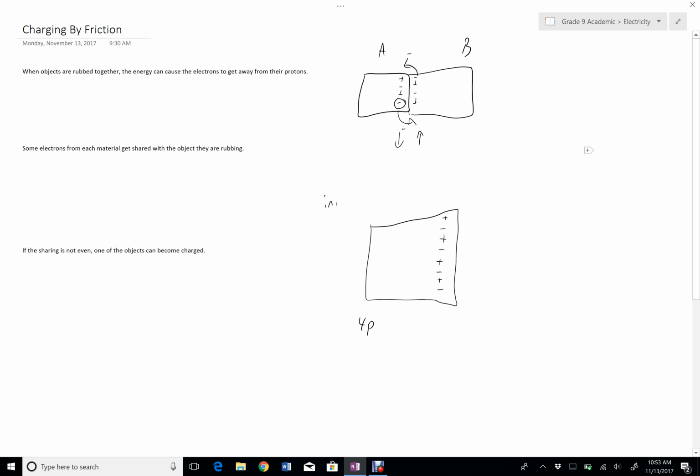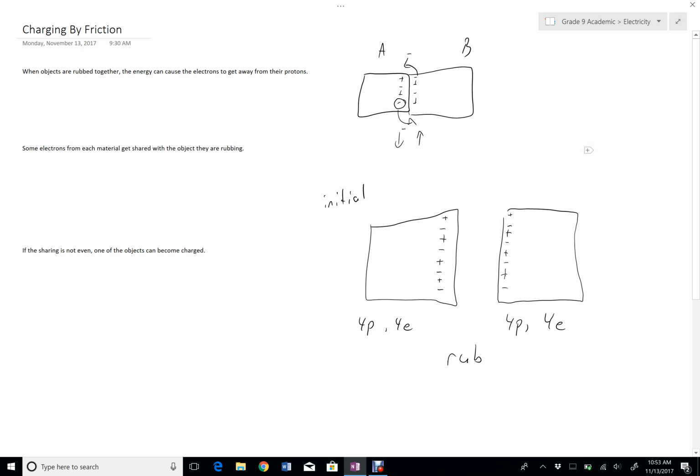This is the initial. And object B, we're going to do the same thing here, give it four protons and four electrons. This doesn't really represent four protons and four electrons. Really what we're representing here is the fact that they have the same number of each. And then we're going to rub those together.